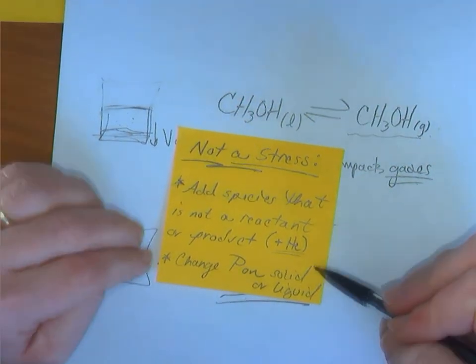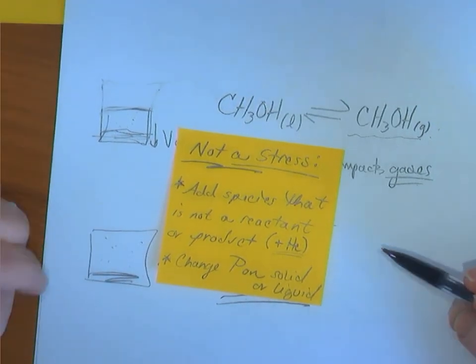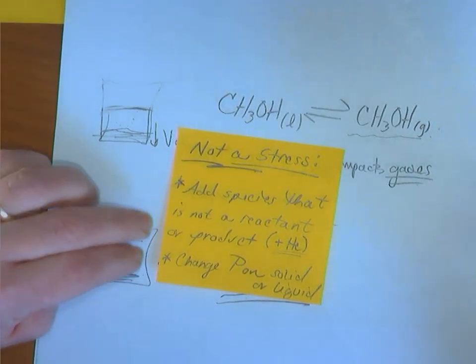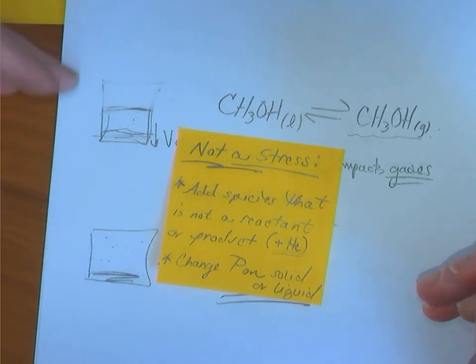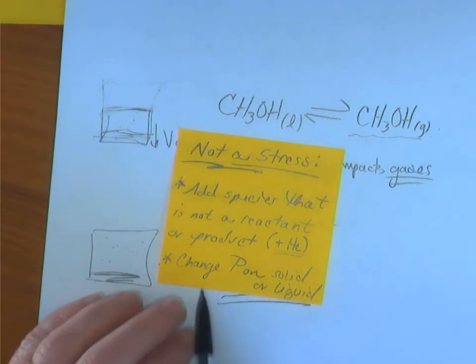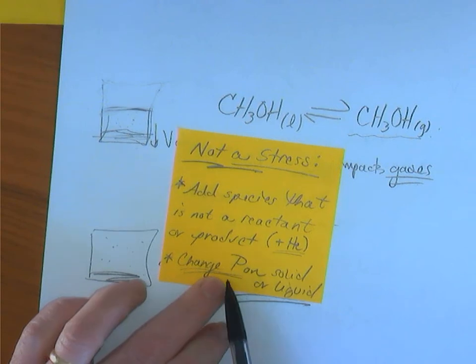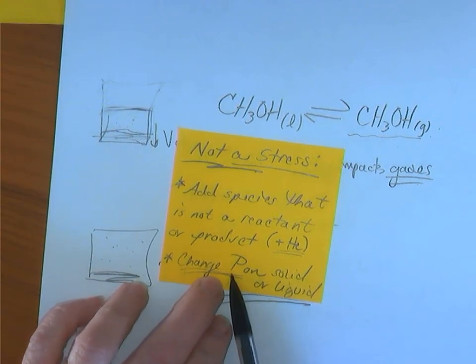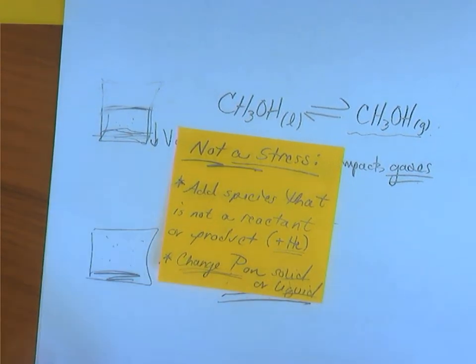But that, I bet, made a lot of 6 and 7-year-olds cry. So a stress for one circumstance is not necessarily a stress for another circumstance. And if we're changing pressure, which, if we're changing volume, we're probably doing that, it's not a stress on a solid or a liquid.